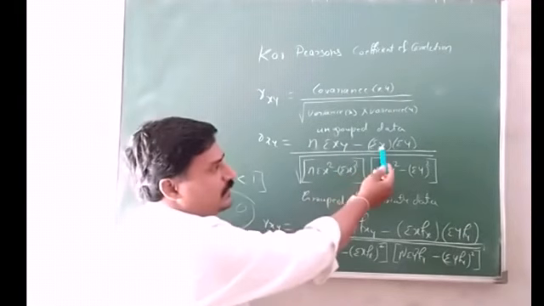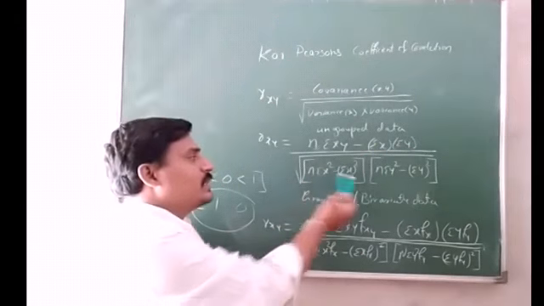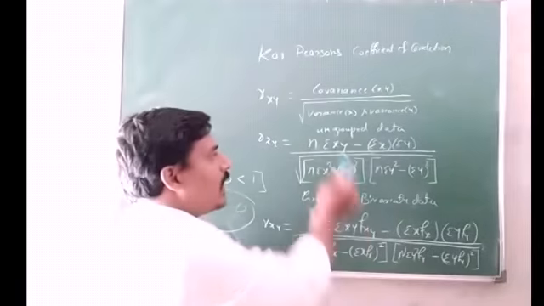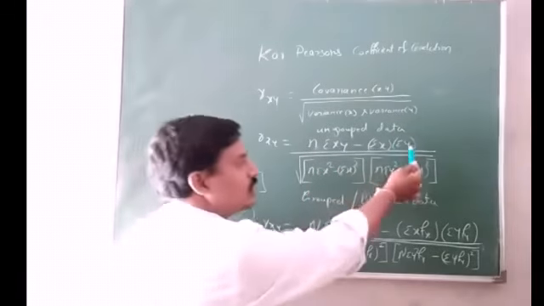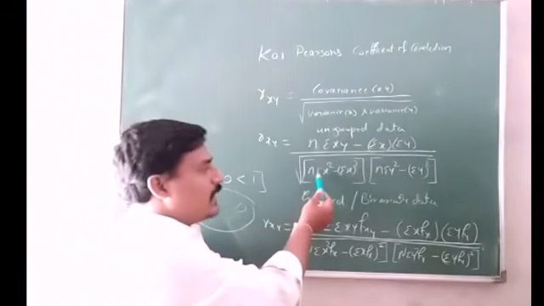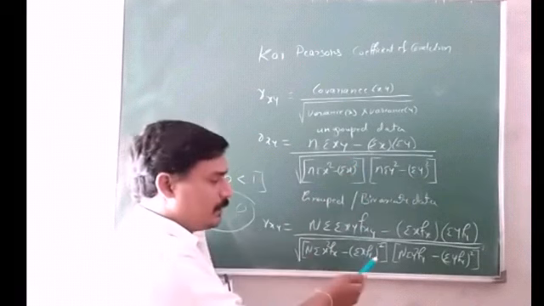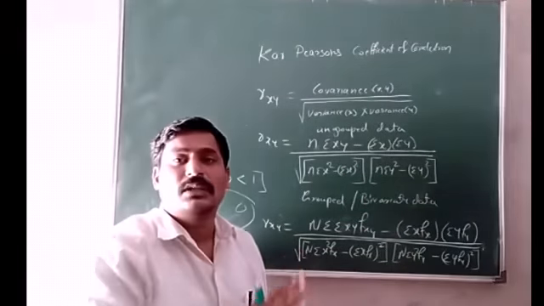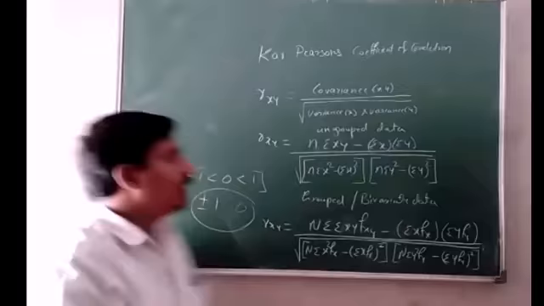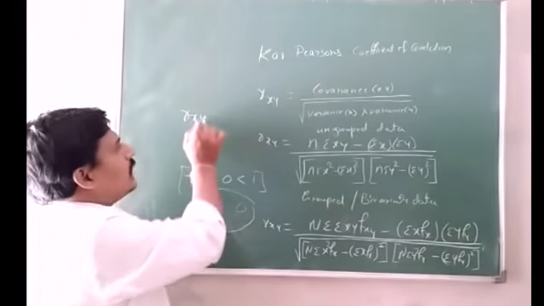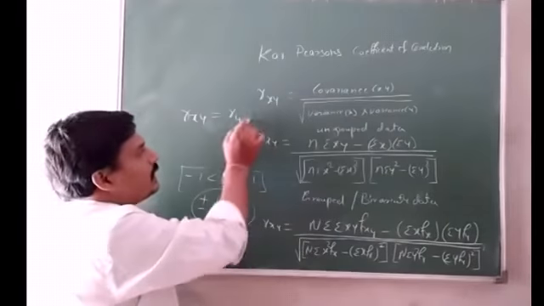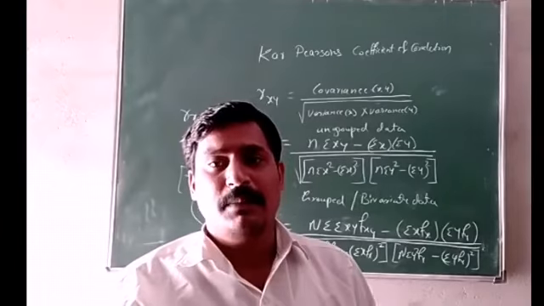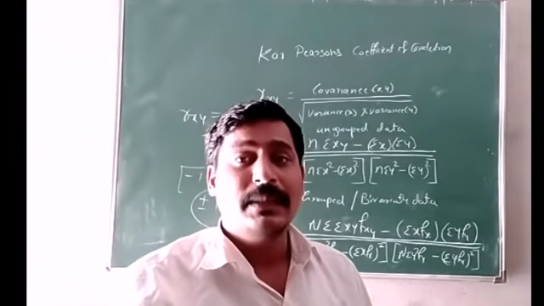Even if we interchange it to y and x, summation y into summation x, and n summation y square minus summation y whole square, then n summation x square minus summation x whole square, the result doesn't change. So we can say rxy is equal to ryx. Even if we interchange the variables, the correlation between the variables remains the same.